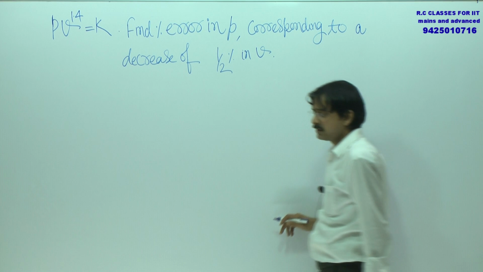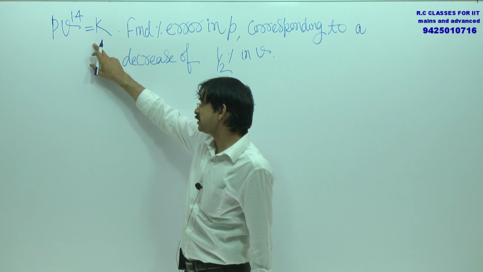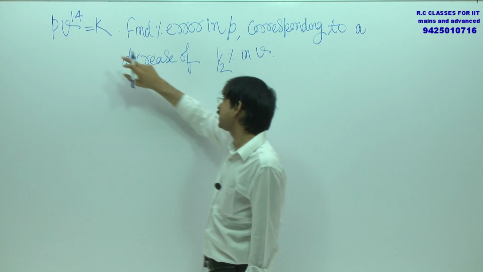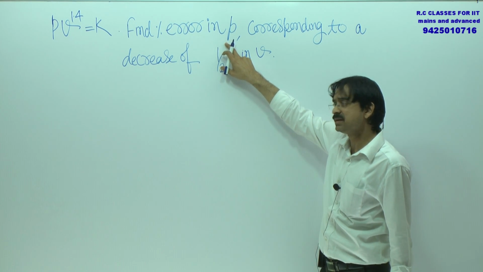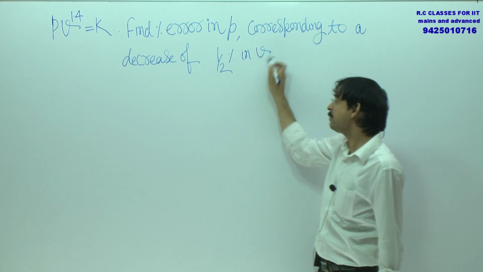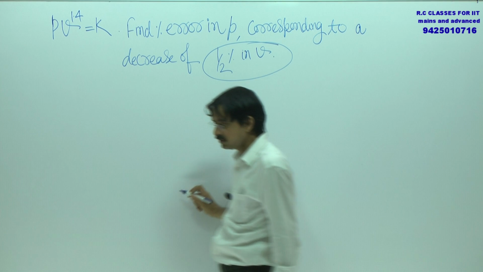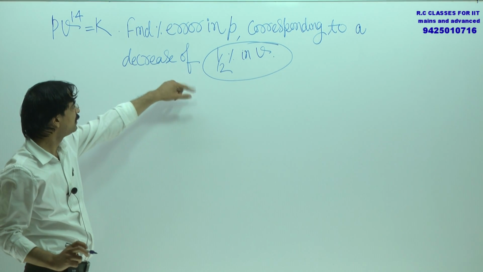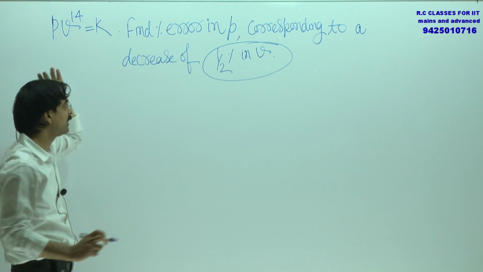Now the question is, the pressure and volume of a gas are connected by the relation PV raised to power 1.4 equals K, and you have to find out the percentage error in pressure corresponding to a decrease of half percentage in volume. Percentage decrease of volume is given, and percentage error in pressure is required.